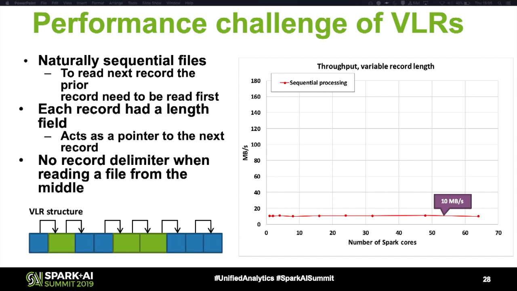You cannot just read the file in the middle, because it's a binary file and you cannot find a distinguisher. You don't know where each record starts. And if you apply naive logic to parallelize this in Spark, you'll get very slow, constant throughput. Like here in our lab cluster, it's just 10 megabytes per second for processing mainframe files.